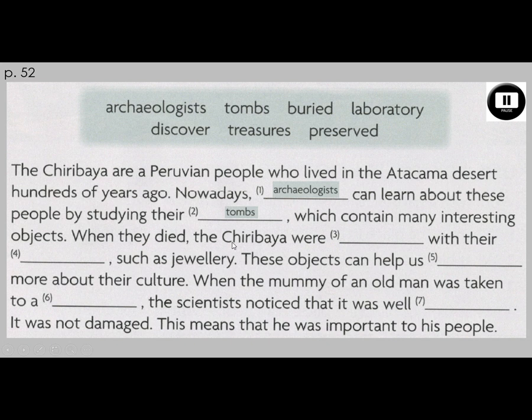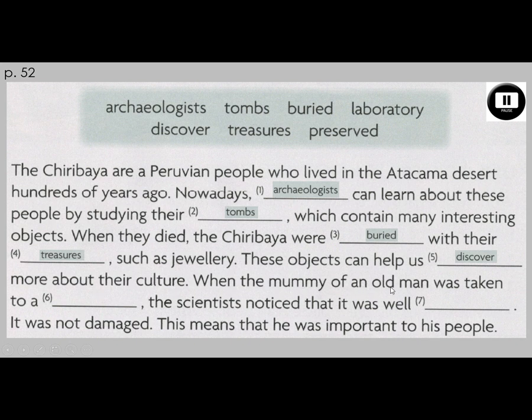When they died, the Chiribaya were buried with their treasures, such as jewelry. These objects can help us discover more about their culture.